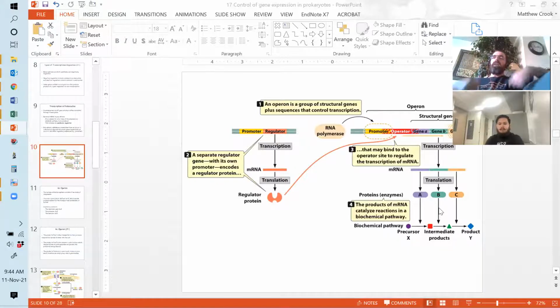So you'll get lots of expression, lots of proteins produced, lots of whatever product the bacterium needs. But this is a really expensive deal. Transcription, and especially translation, costs a lot in terms of energy. So you need energy, but you don't want to spend more of it than you have to. It's kind of like money in a sense.